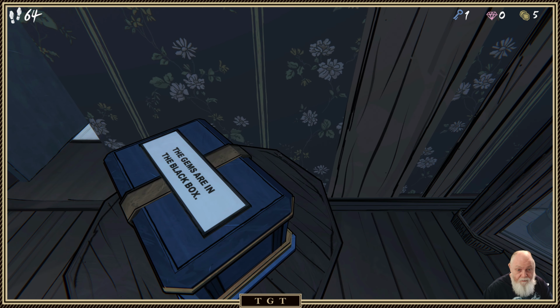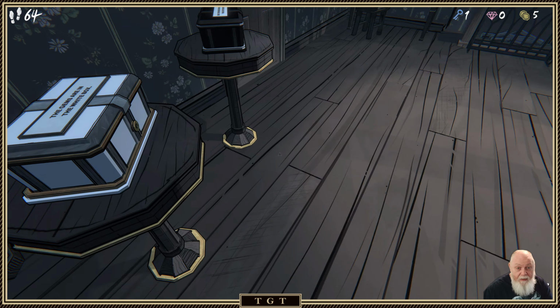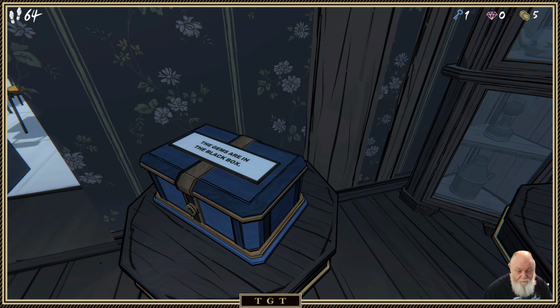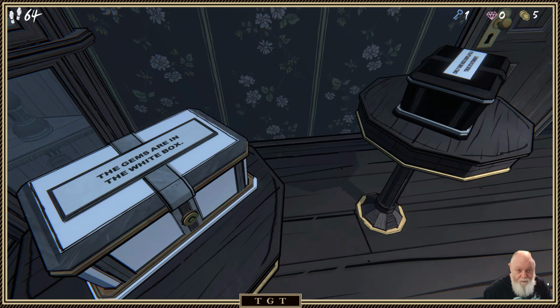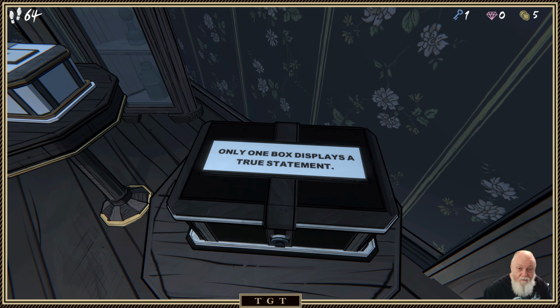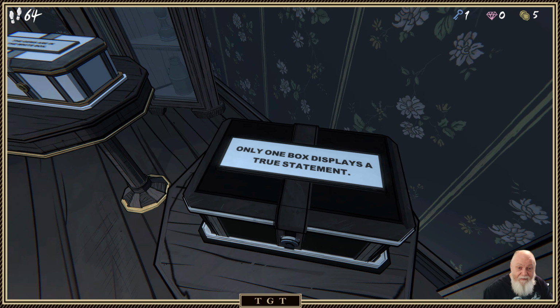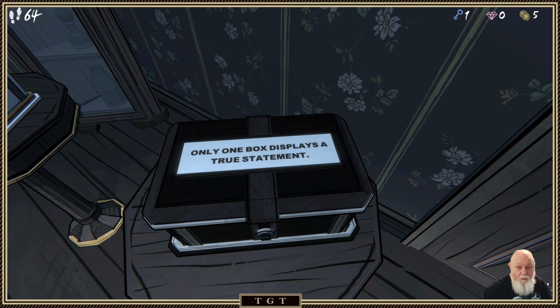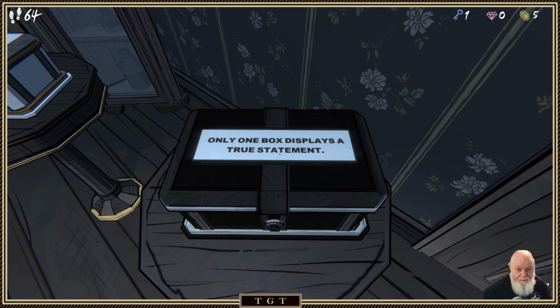If only one of these was true, if one of these was true and the other one was false, then this says only one box displays a true statement.